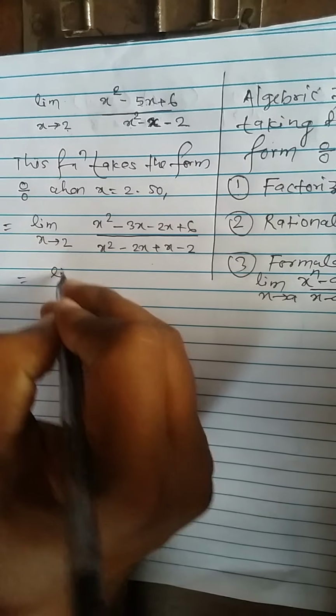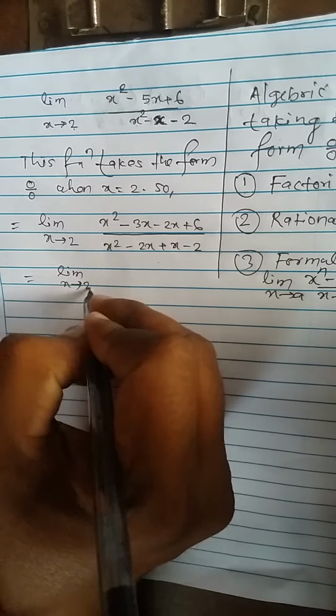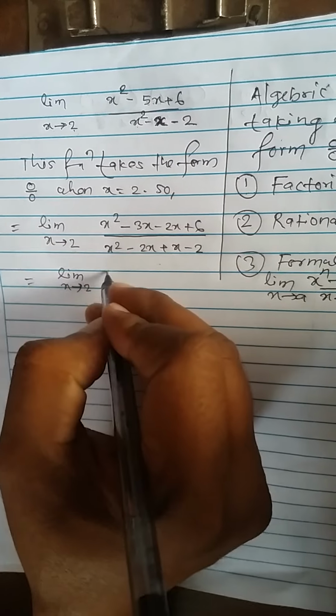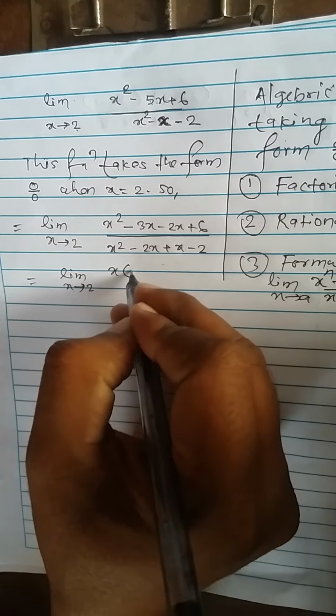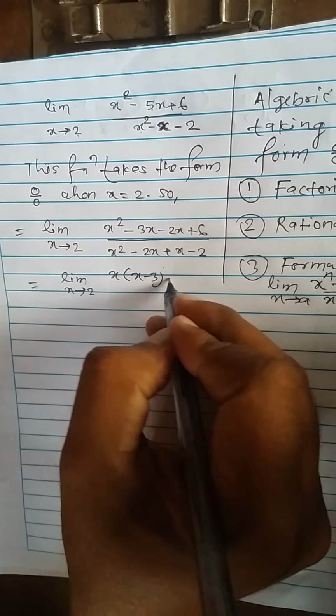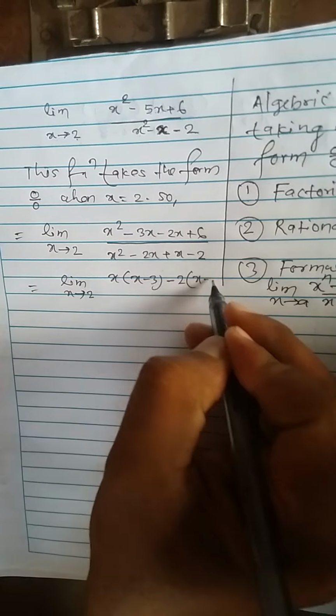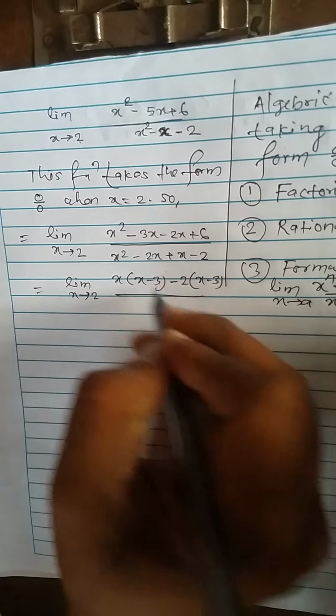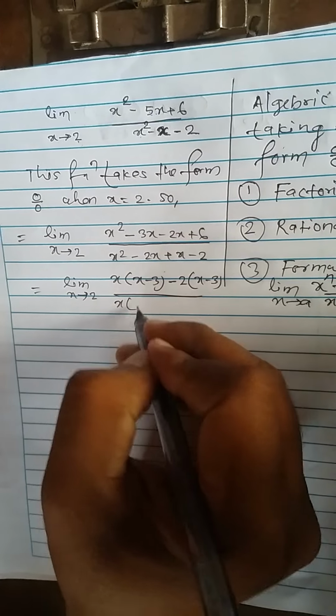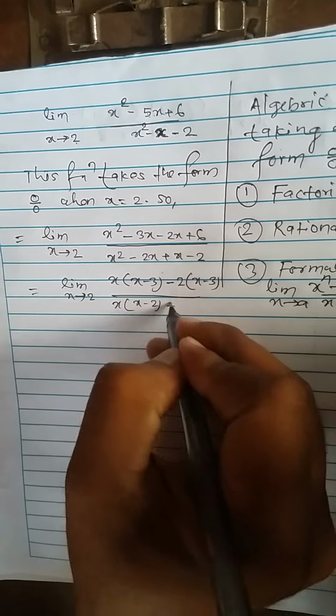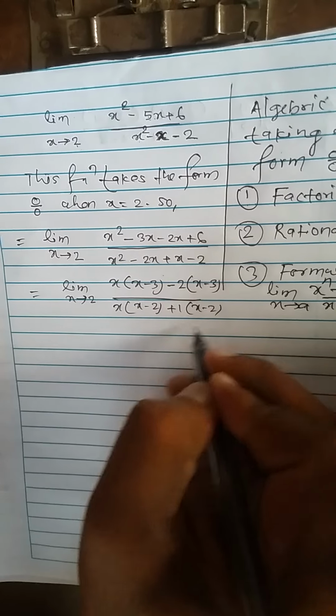We are going to take x common from the first two terms, left with x minus 3. Again minus 2 common from both of them, left with x minus 3. Downward same thing: if you take x common, then left with x minus 2. If you take 1 common, then left with x minus 2.